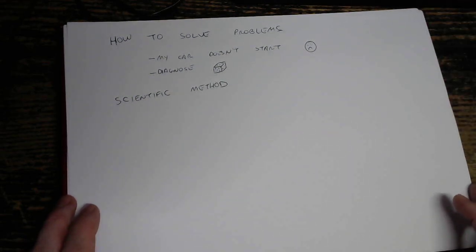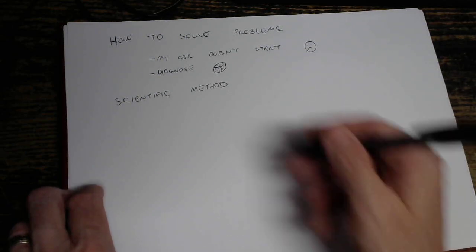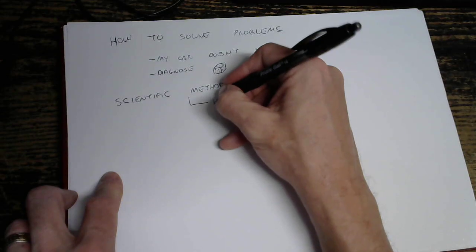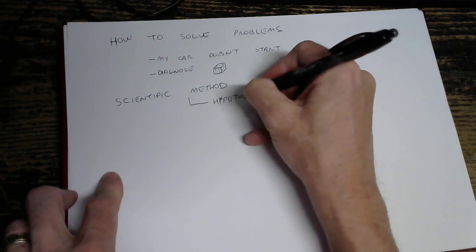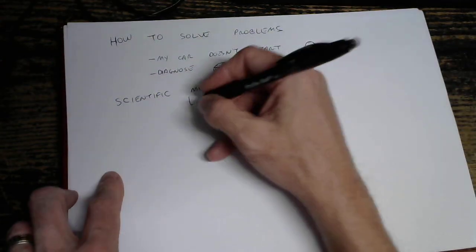If we want to do it in a way which is repeatable and works, and we all learnt this at school, basically you form a hypothesis, which is an idea. It might be true, it might not be true, we don't know yet.